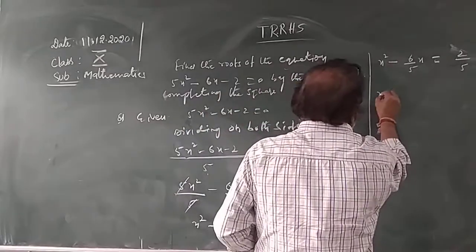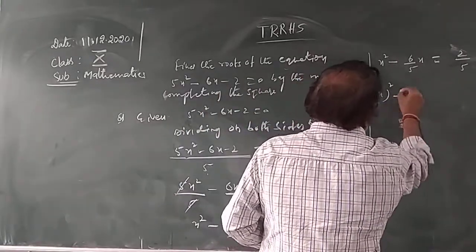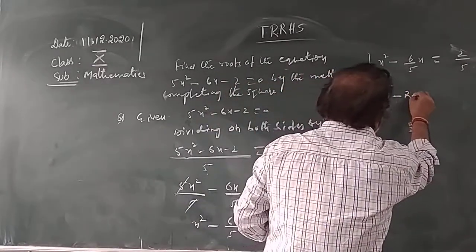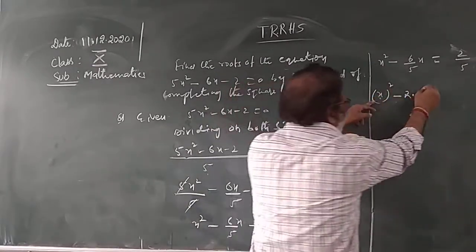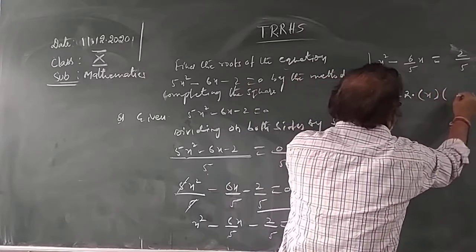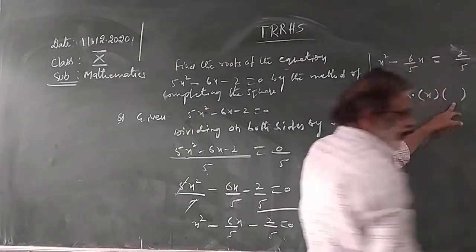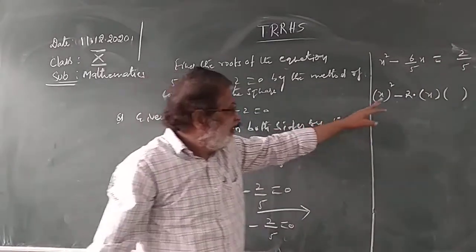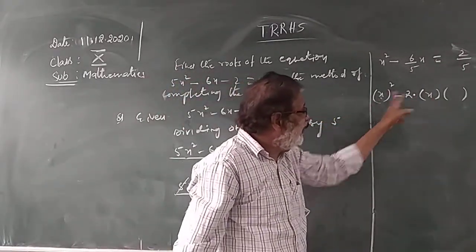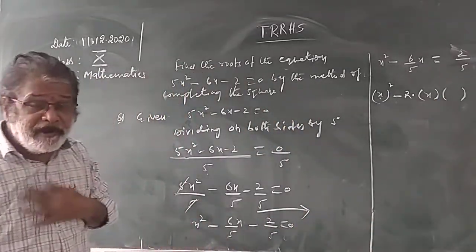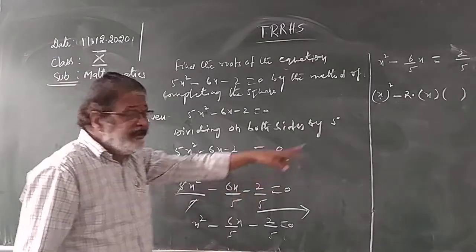So x² minus 2ab: a is x, and we want the b value. Put an empty bracket, (x − __)². A is x, b you don't know. How do you get the b value? It is half of the x coefficient. Always the b value will be half of the x coefficient.